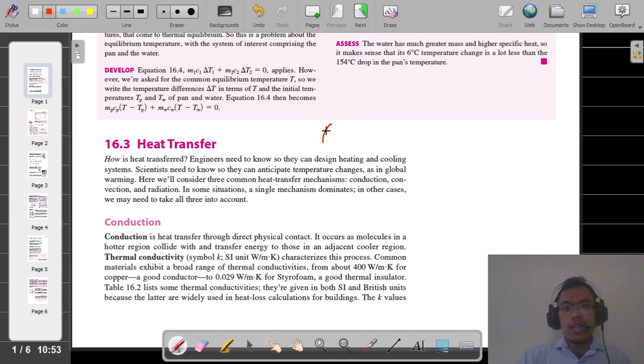So let's say I have A here, and the temperature is, let's say, 500 Kelvin, and also I have B, which is in contact.